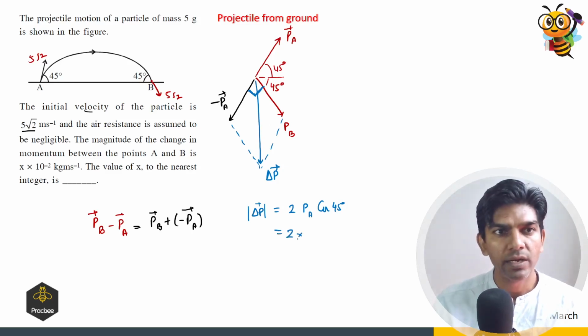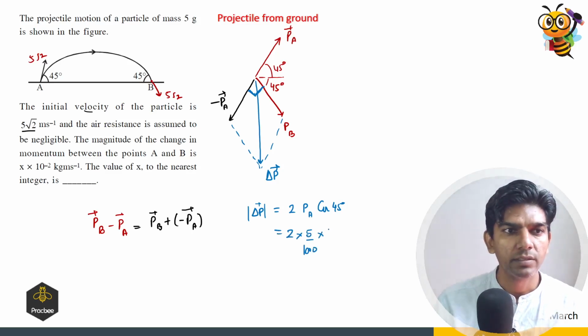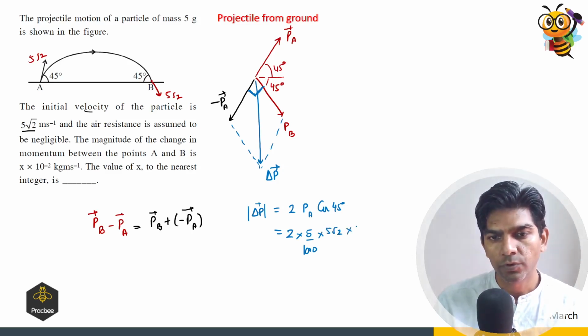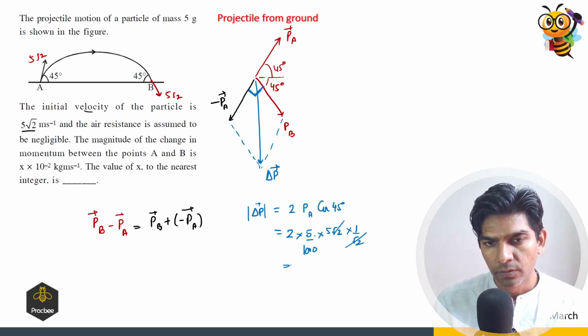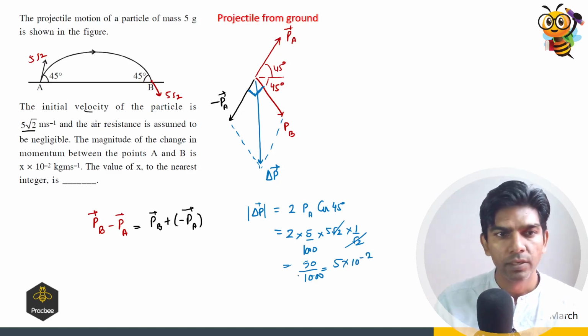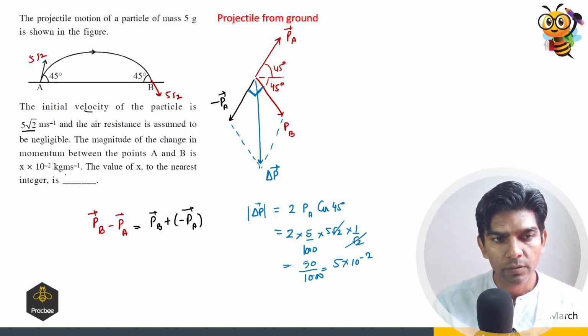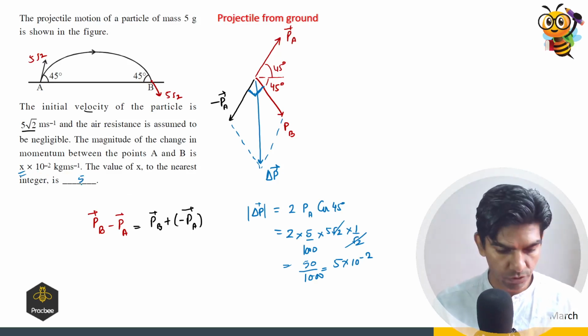So 2 times mass is 5 grams, so 5 by 1000 times the velocity, that will be 5 root 2. Cos 45 is 1 by root 2, so root 2 will get cancelled out. So this will be 50 by 1000, which will be 5 into 10 raised to power minus 2 kilogram meter per second. So x will be 5. So 5 is the answer of this question.